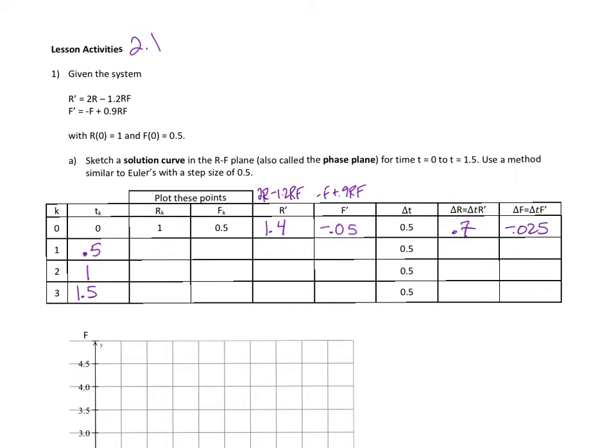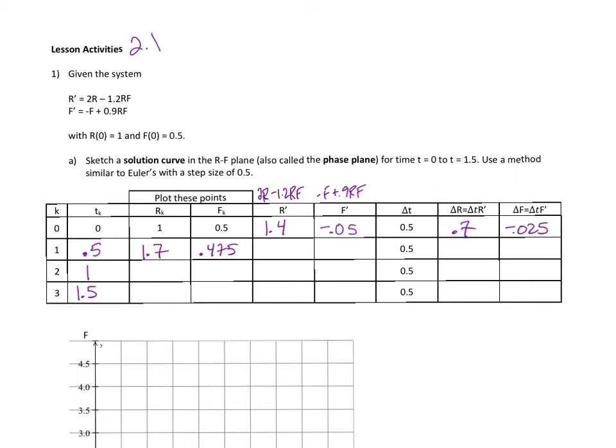Then I calculate my new r and my new f value by taking the old r value plus delta r and the old f value plus delta f. So I have 1 plus 0.7 is 1.7, and 0.5 plus negative 0.025 is 0.475. Now I calculate new r prime and f prime values using these formulas again, but new values of r and f.